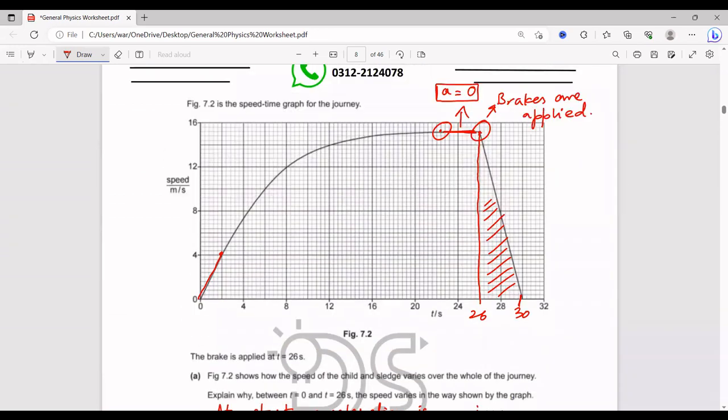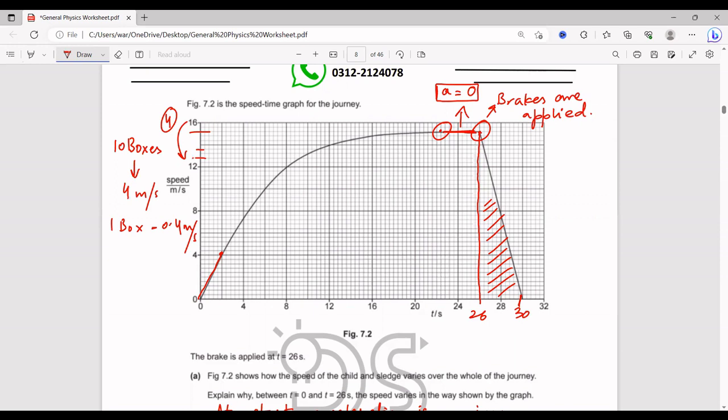The height is 12, 13, 14. No, 10 boxes shows the difference between 16 and 12, which is 4. 10 boxes shows 4 meter per second. So one box shows 0.4 meter per second. So, bacho, two boxes is equal to 0.8.